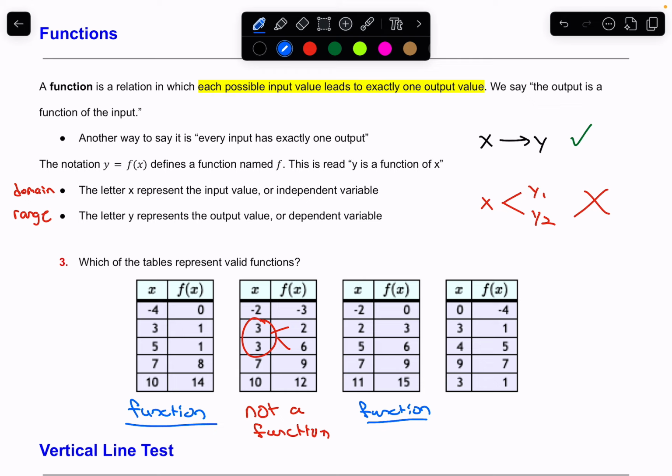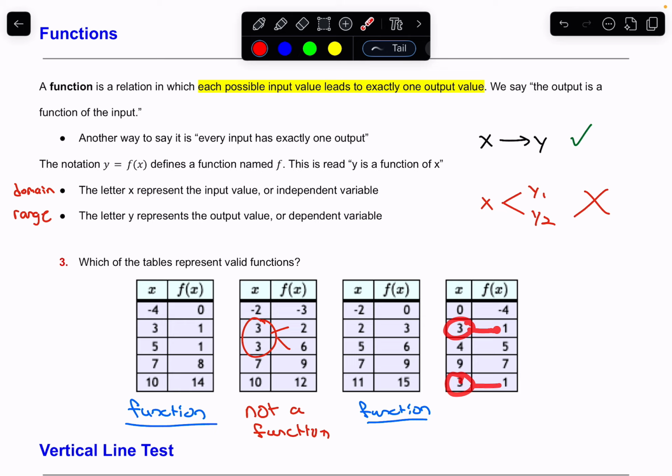The last one, though, is one to kind of trick you, where 0 goes to -4, 3 goes to 1, 4 goes to 5, 9 goes to 7, 3 goes to 1. You're supposed to look at this and say, wait a second, 3 is used twice. Isn't that bad? But notice that both of them go to 1. So even though we wrote it down twice, it's actually the same ordered pair. 3 goes to 1.